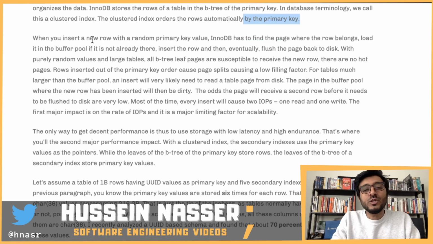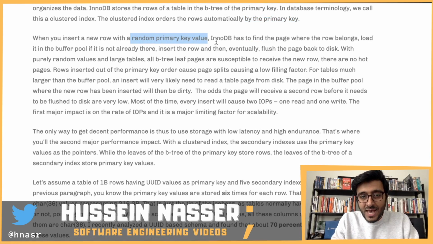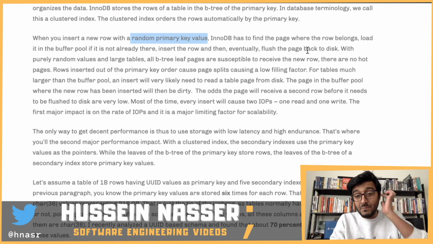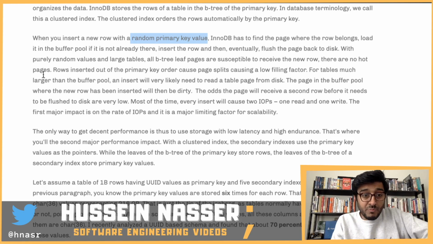When you insert a new row with a random primary key value, InnoDB has to find the page where the row belongs, load it into the buffer pool if it's not already there, insert the row, and then eventually flush the page back to disk. With purely random values and large tables, all B-tree leaf pages are susceptible to receive the new row. There are no hot pages.